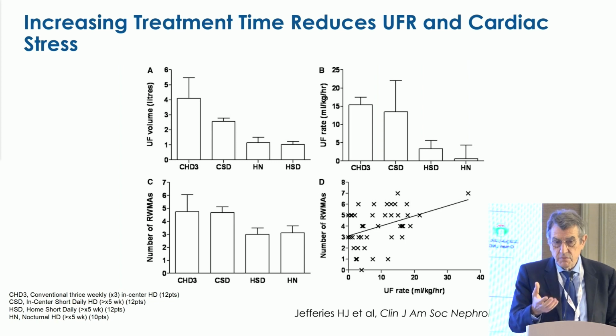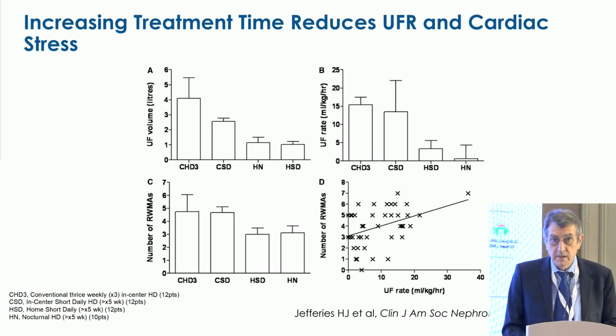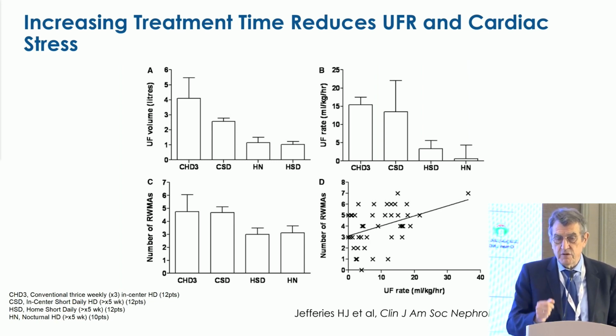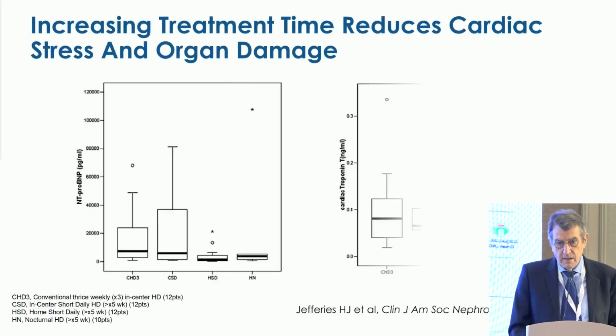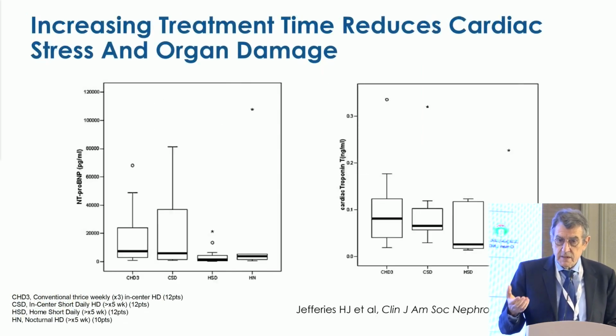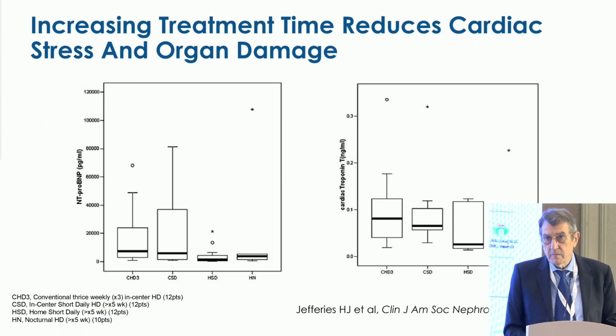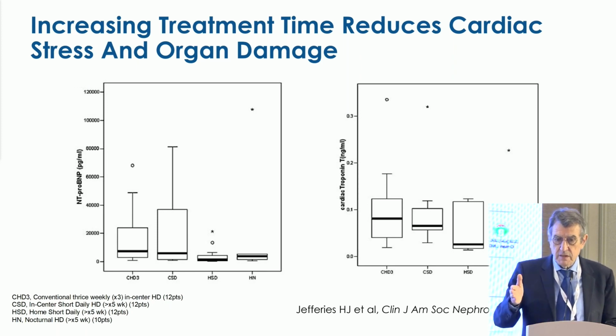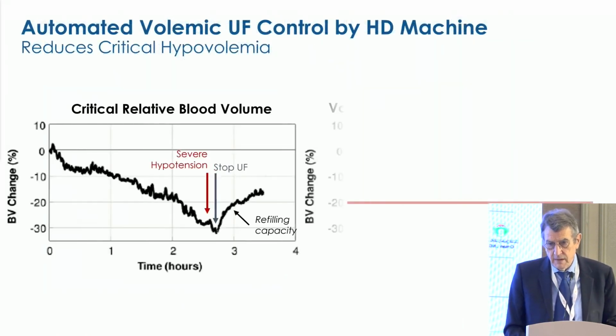So this is a nice way to understand why increasing time is beneficial for the cardiac system. And also if you take some cardiac biomarkers, NT-proBNP or troponin, which reflect ischemic attacks on the heart, you see that increasing time, nocturnal hemodialysis, is a tremendous factor to protect the heart.